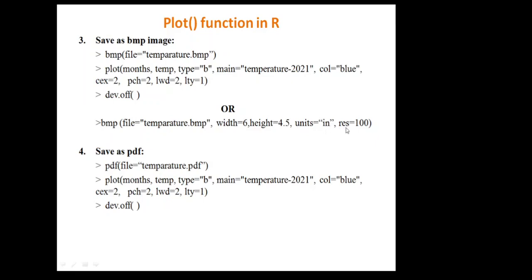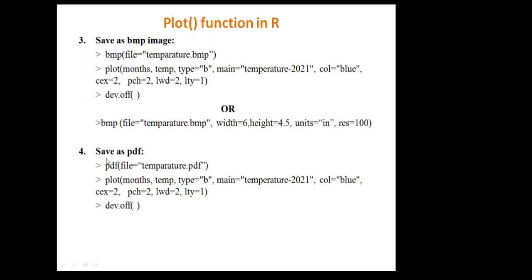And res is nothing but the resolution in points per inch, that is PPI, or pixels per inch, that is 100. If you want to give a size of your image, you can use the width and height parameters. If you want to specify the unit, that is inch, centimeter or millimeter, then you can use the units parameter and pass your unit in it. So this is how we can save our graph as an image.